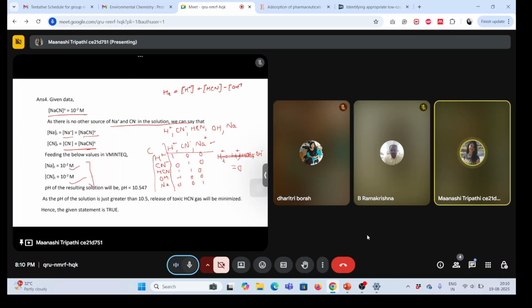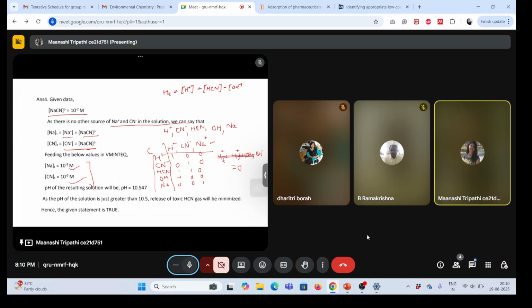For this question there is no other source, right? There is just water, and we need to find out the pH where HCN will be formed, if the pH is greater than or less than 10.5.